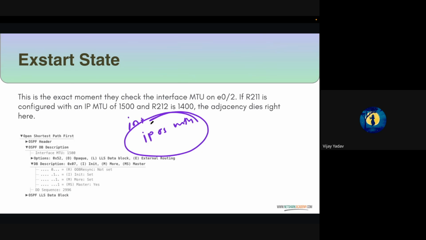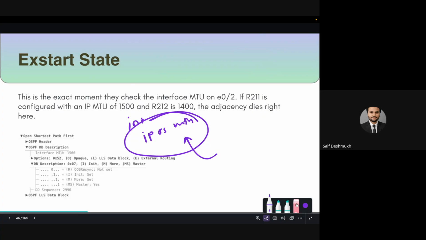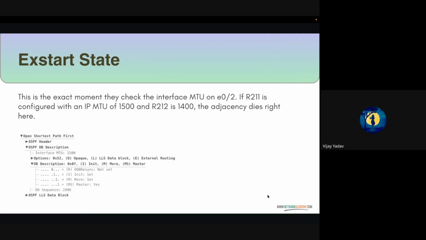The command was not there, but I don't know how it was happening. I did the dig down also, but nothing. Where did you check that? I don't remember. What was the platform? It was ASR 903 and 907, not a switch.